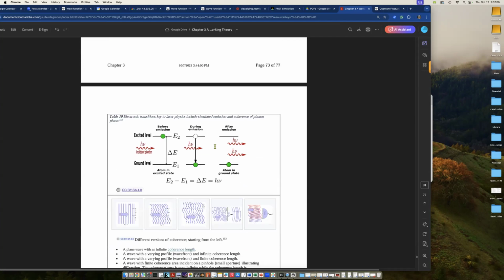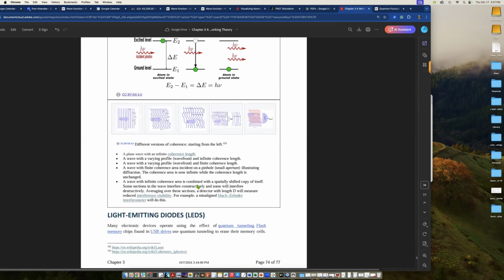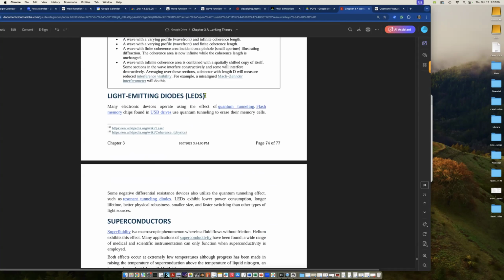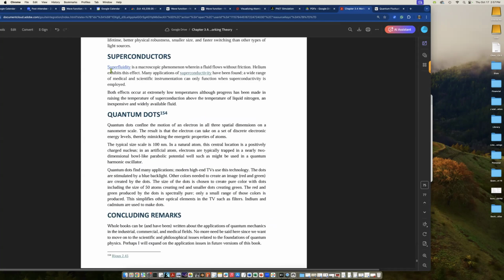We also have lasers. They were predicted by Einstein early in the days of quantum mechanics, and we have lots of other light emitting diodes, superconductors. We have two prominent ways that you can observe quantum effects with your naked eye, and that is superfluid helium.